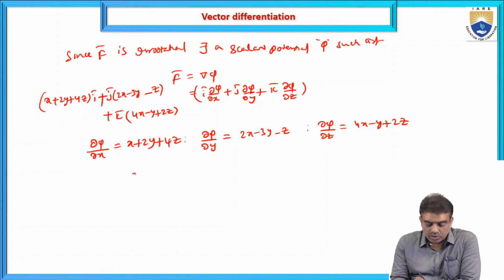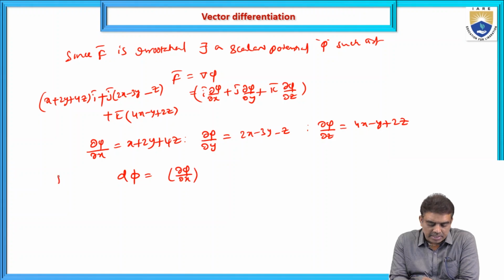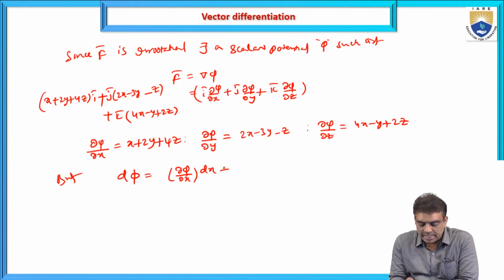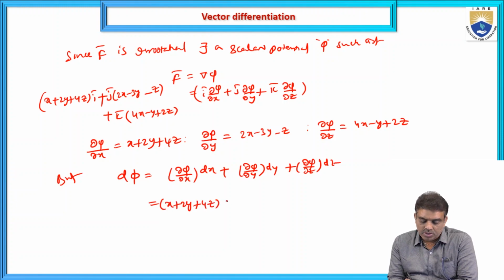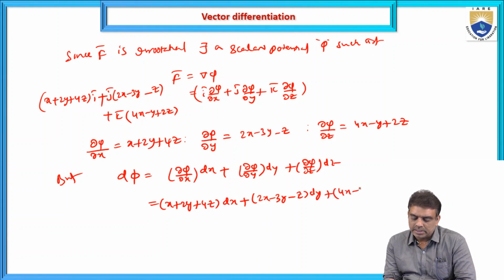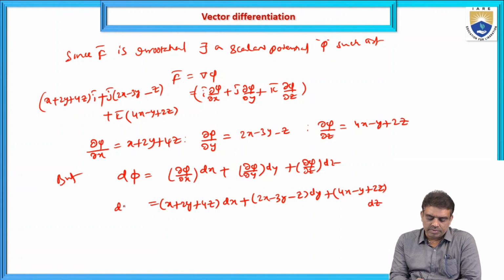But we know that by the total derivative formula, d phi is equal to dou phi by dou x into dx plus dou phi by dou y into dy plus dou phi by dou z into dz. That is (x plus 2y plus 4z) into dx plus (2x minus 3y minus z) into dy plus (4x minus y plus 2z) into dz, and this is equal to d phi.